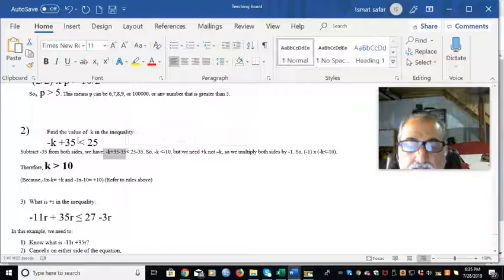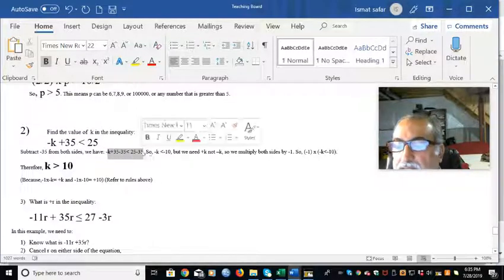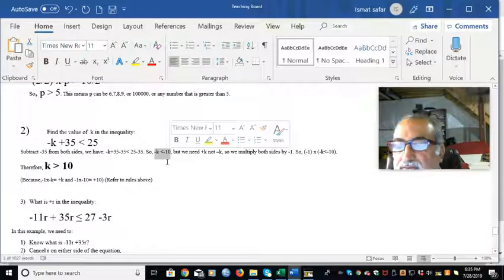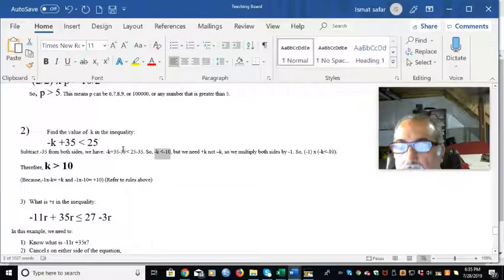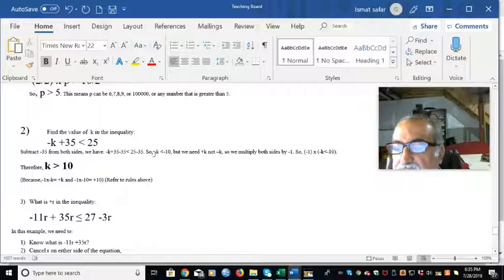Because you want to get rid of this 35 here and make the inequality easier. So what we have left is -k less than -10. This is cancelled here, and this is -10 over here, right?